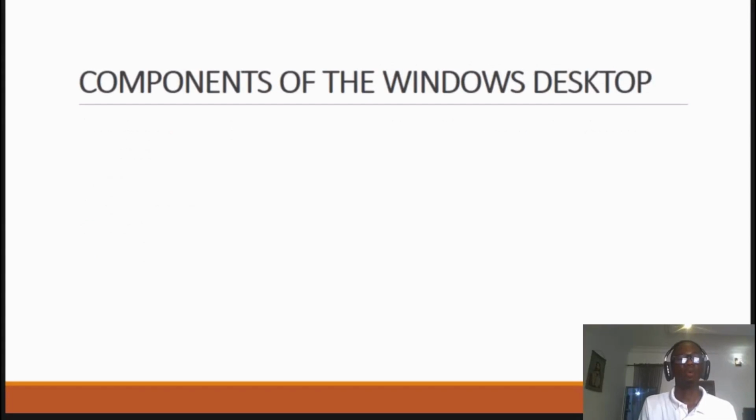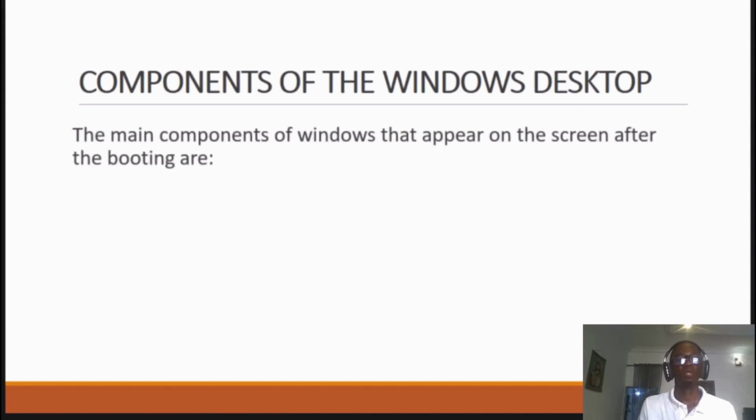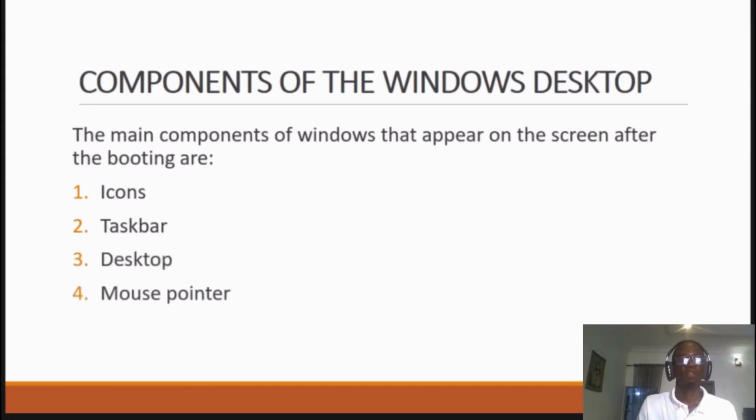Next, we have the components of the Windows desktop. Now, what are the components of the Windows desktop? That is, what are the things you can find on a normal Windows desktop? The main components of Windows that appear on the screen after booting are: 1, the icons; 2, the taskbar; 3, the desktop; 4, the mouse pointer; and 5, the system tray.